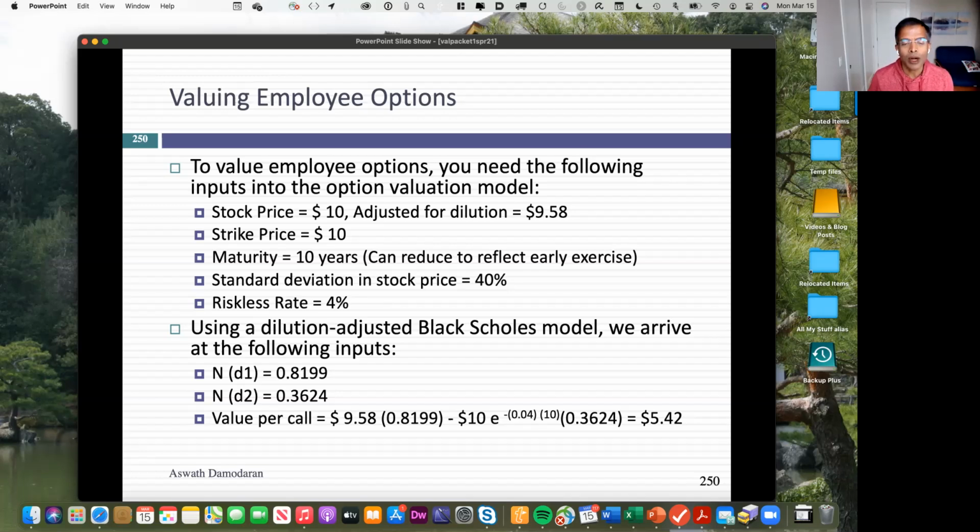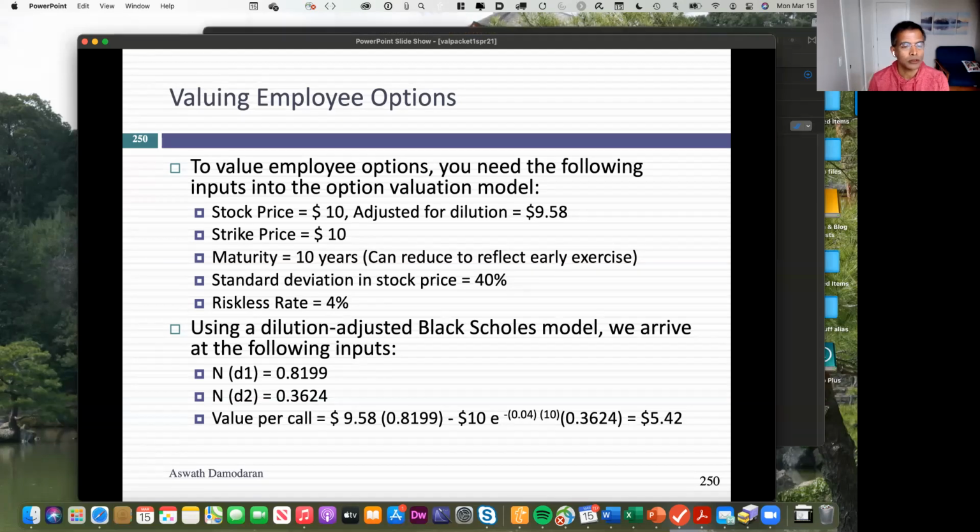And if I'm really worried about the fact that employees have to exercise early, here's the quick fix. Typically, we value options through maturity, right? So if there's a 10-year maturity, T is equal to 10. But if I'm worried that employees exercise their options early, and this is actually based on fact, employees traditionally exercise options halfway to maturity.